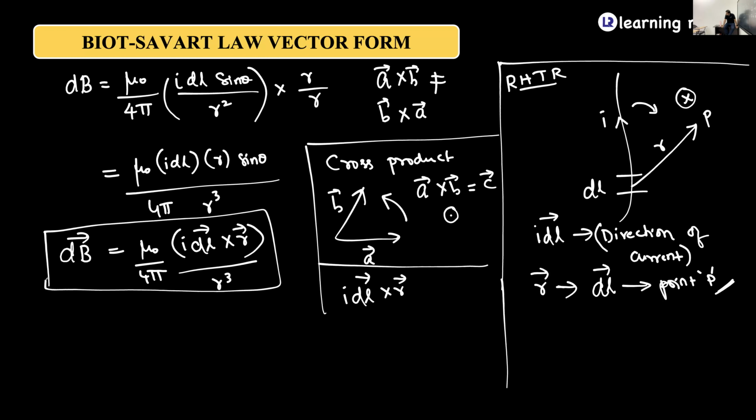How should you consider theta? Not the shortest direction. From Idl, you need to take a turn towards r.